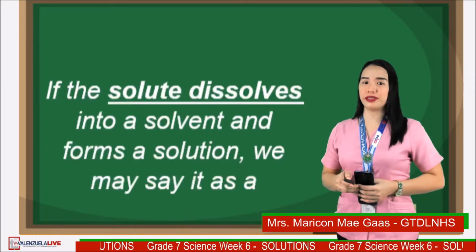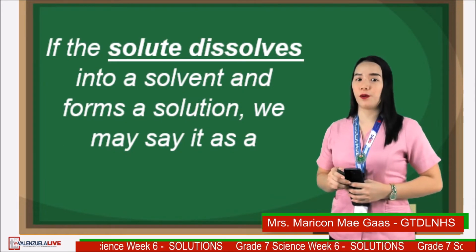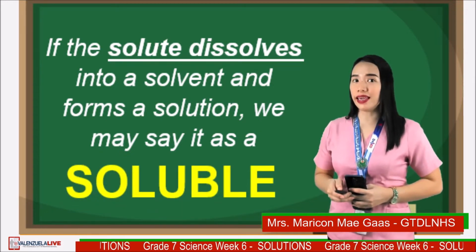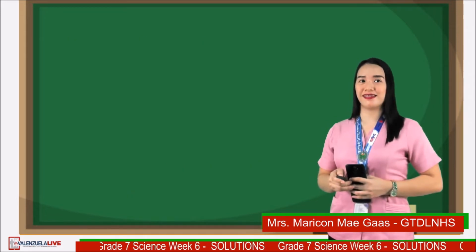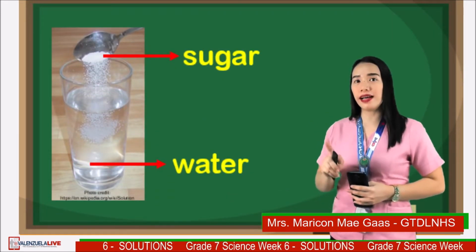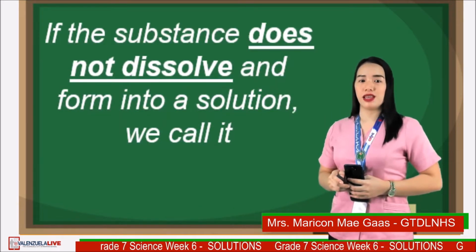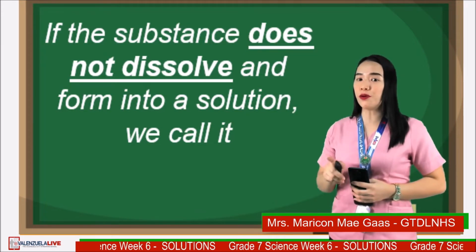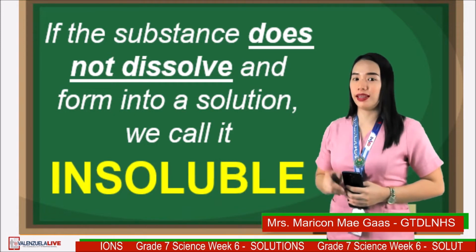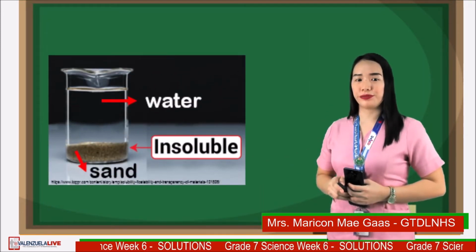If the solute dissolves into a solvent and forms a solution, we may say it is soluble, like sugar and water. But if the substance does not dissolve and form into a solution, we call it insoluble, like sand and water.